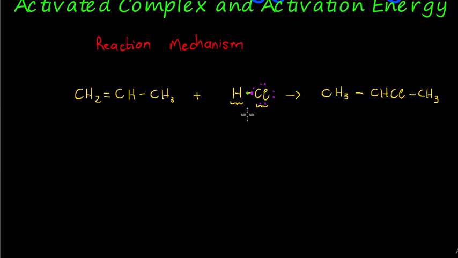Chlorine would very much like to take this electron. He's got 1, 2, 3, 4, 5, 6, 7 of his own, and then he's sharing one with hydrogen. But if he could have his way, he would really take that one from the hydrogen. Now hydrogen would give it away if he can get one elsewhere.